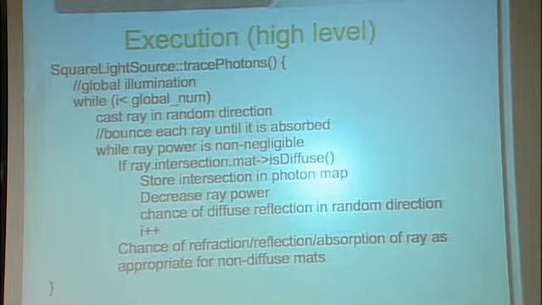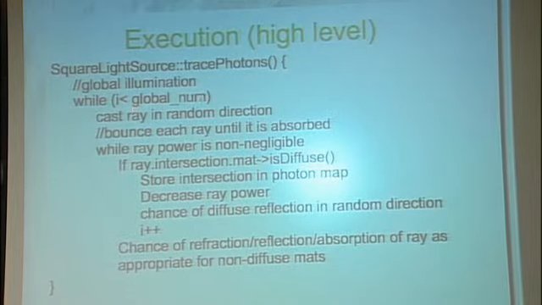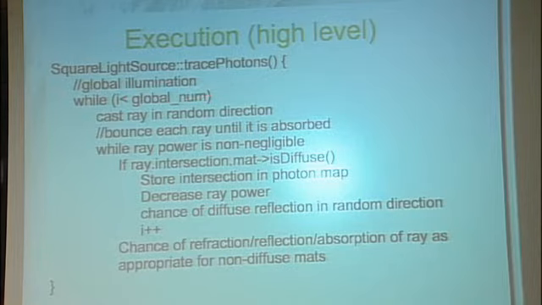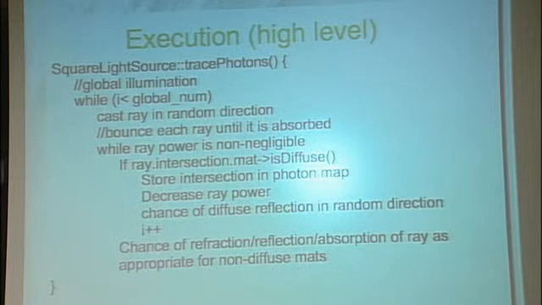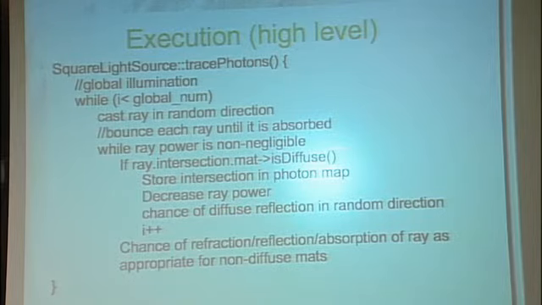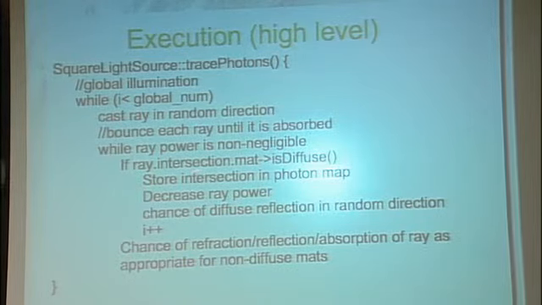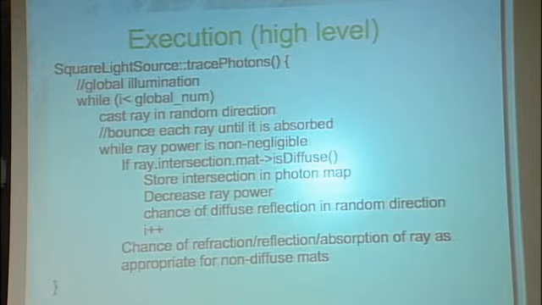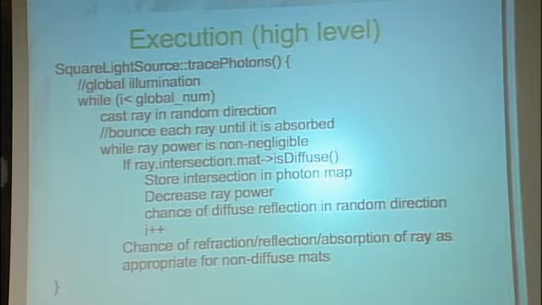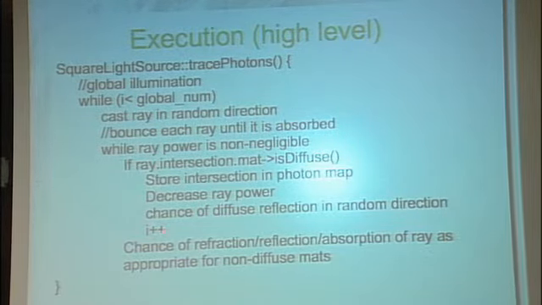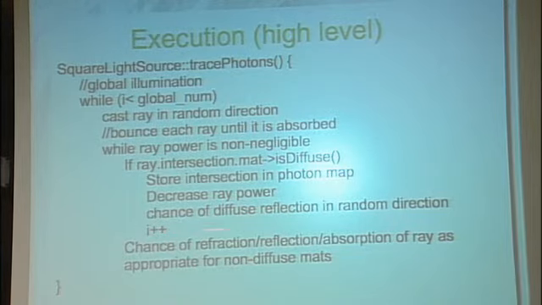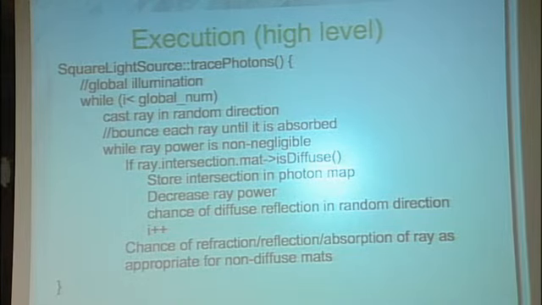With global illumination, you want some total number of photons to be put in the map, and you put a photon in the map whenever it hits some diffuse surface. And then that photon continues bouncing around until it's absorbed.